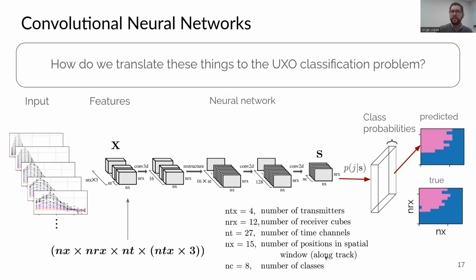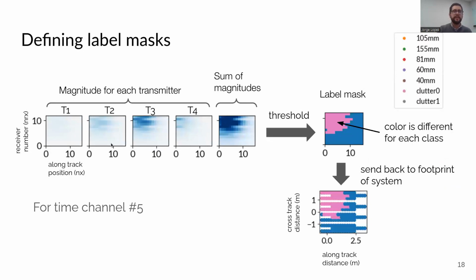So how do we define these label masks? We came up with a relatively straightforward approach. We take the data of a certain time channel, and we arrange the data, as I told you before, putting the receiver number on this side and the along-track position on this side.